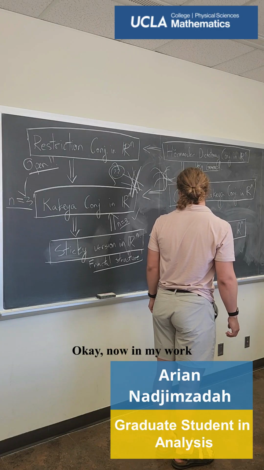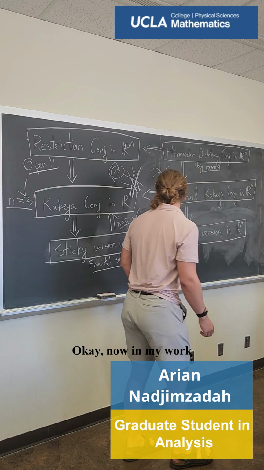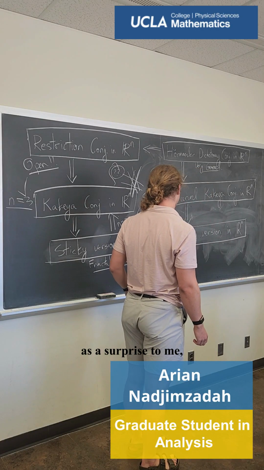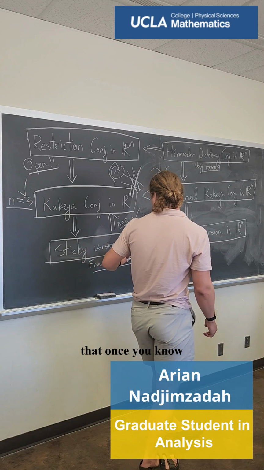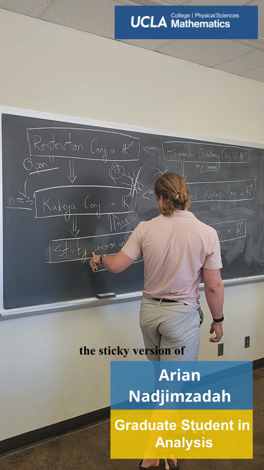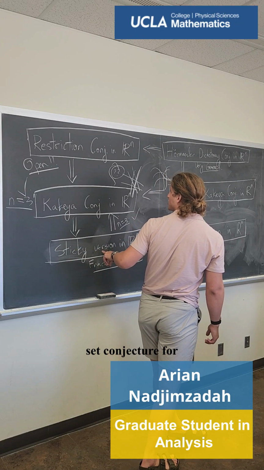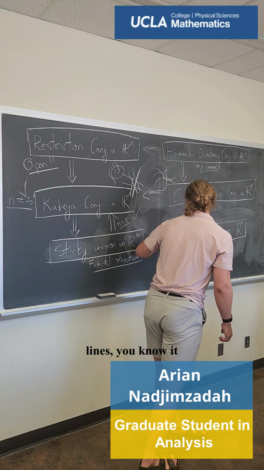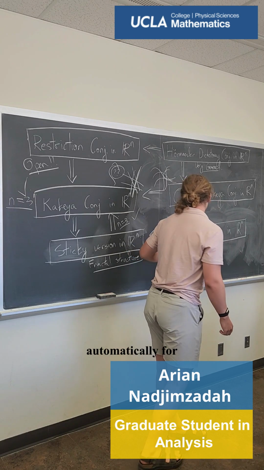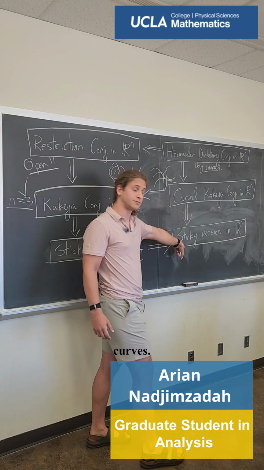Okay. Now, in my work, I proved, this came as a surprise to me, that once you know the sticky version of the Kakeya set conjecture for lines, you know it automatically for curves.